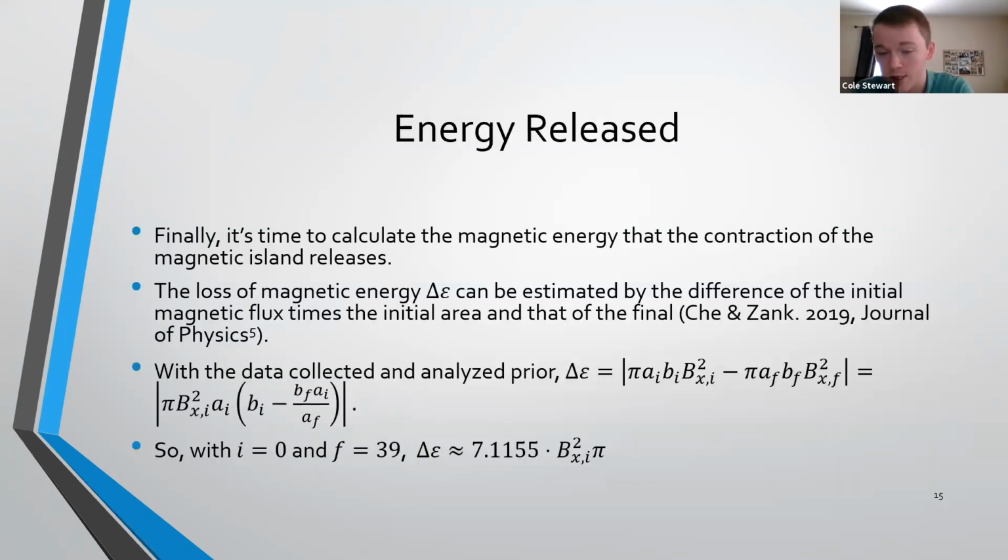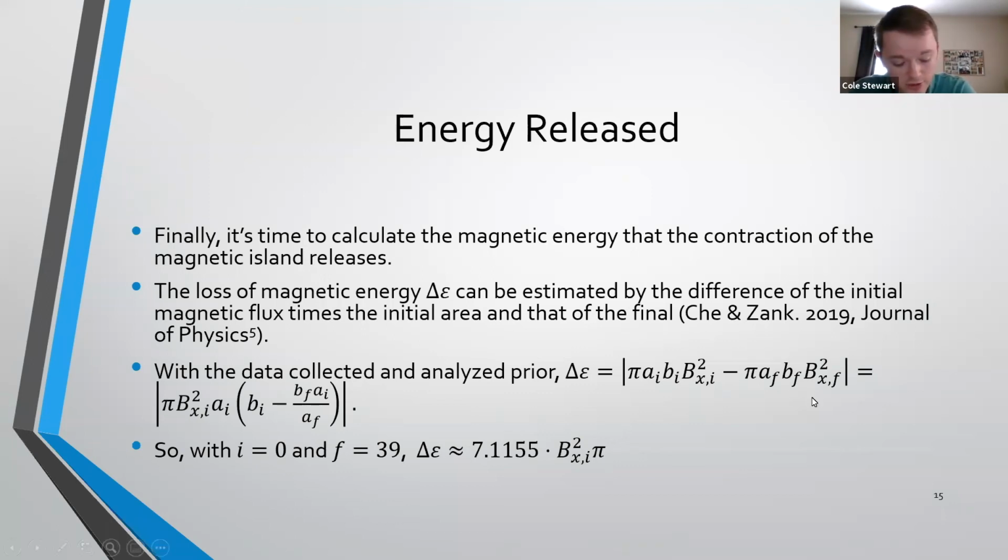From here, it is time to calculate the magnetic energy that the contraction of the magnetic island releases. The release in magnetic energy, which is denoted by delta E, is estimated by the initial energy minus that of the final. And the initial energy is the square of the magnetic field times the area, which is displayed in this first expression.